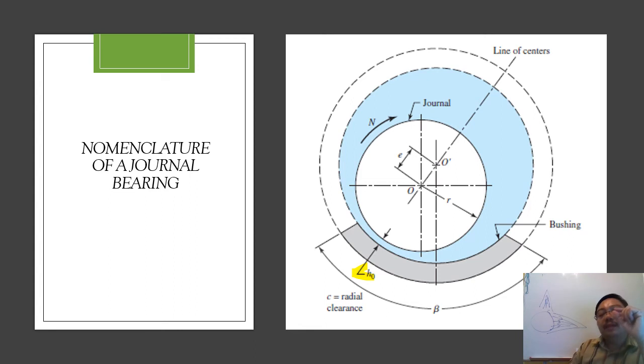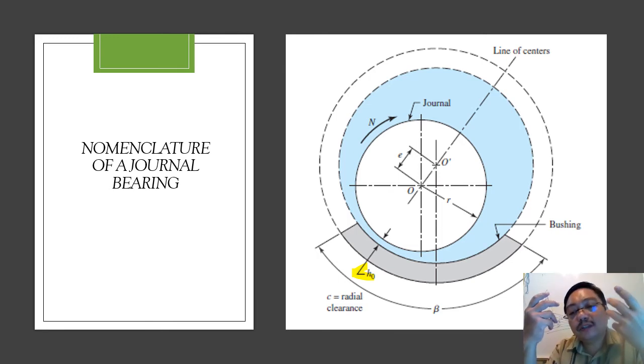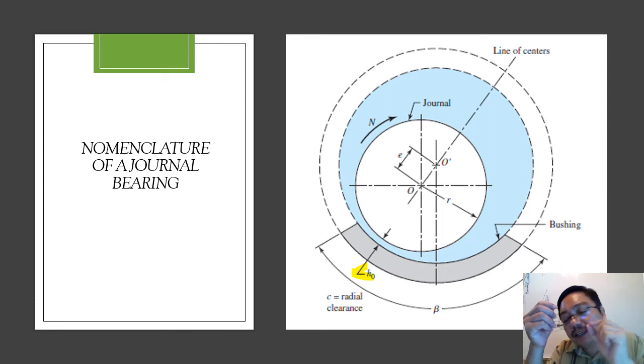This gap is maybe 0.000 millimeter, meaning maybe you cannot see it with your eye, but theoretically there is a lubricant preventing metal to metal contact. Even if it is 0.0001 millimeter, it is also a gap, h naught.